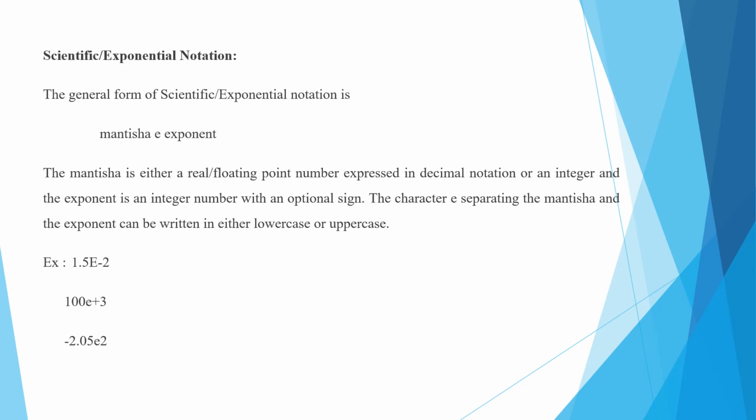Now the scientific and exponential notation in real constants. The general form is mantissa e exponent. The mantissa is either a real or floating point number expressed in decimal notation, or an integer, and the exponent is an integer number with an optional sign.